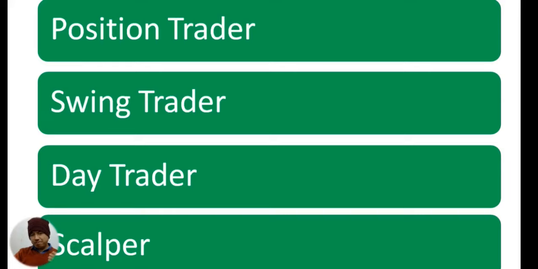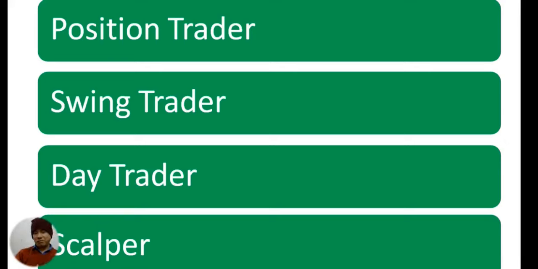The swing trader is very much like a position trader, but looks for a little bit less, and doesn't hold positions for that long. And then we have a day trader. Day trader means opening a position and closing it the same day. Not necessarily all positions have to be closed the same day.